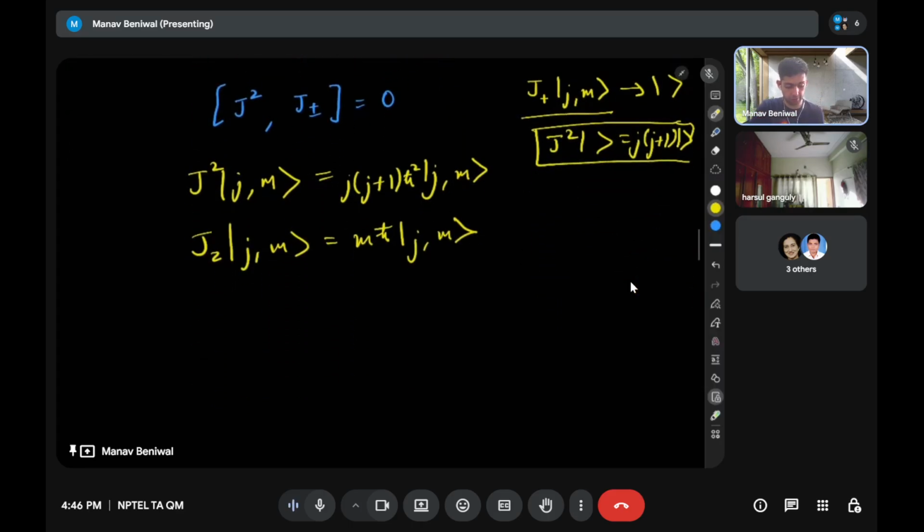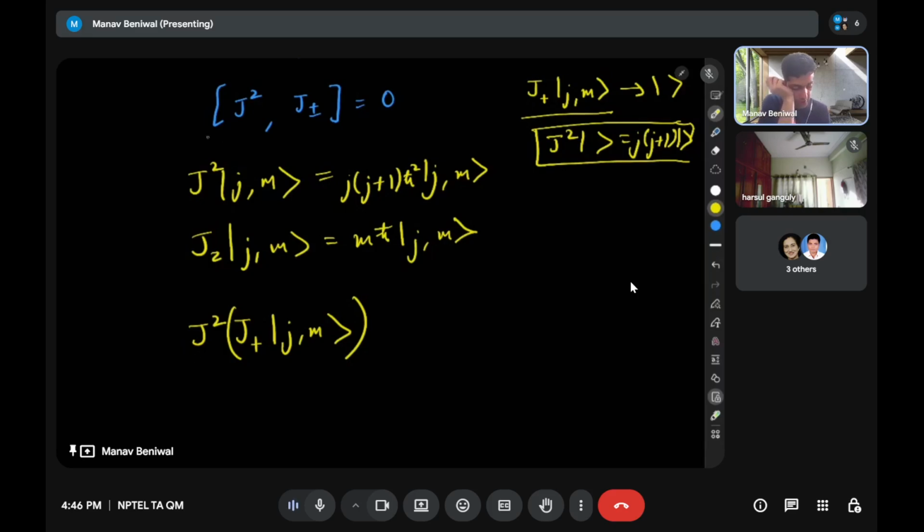Now if instead of the empty brackets, I put the ket back in, I'll get j squared acting on j plus acting on j comma m. What will this be equal to?